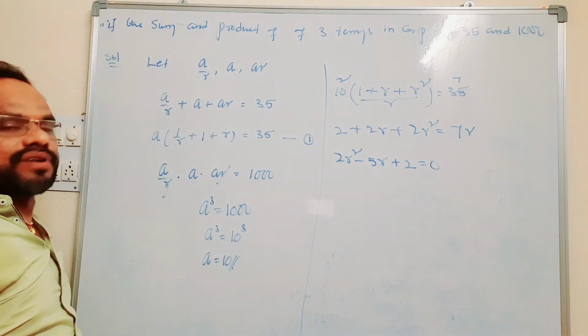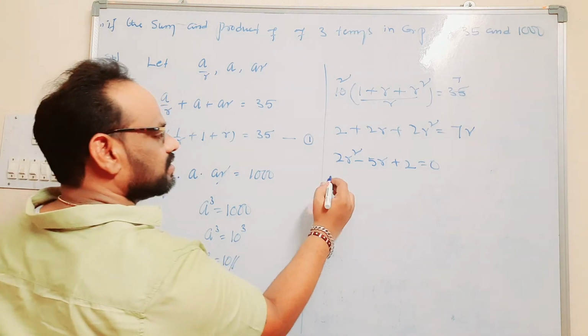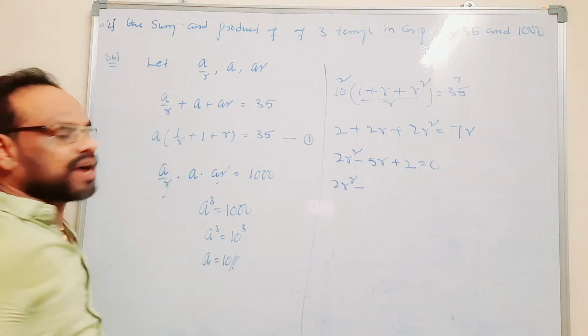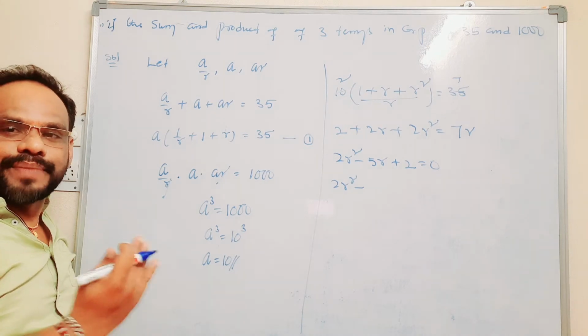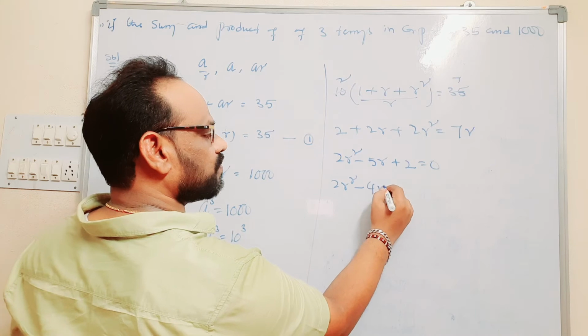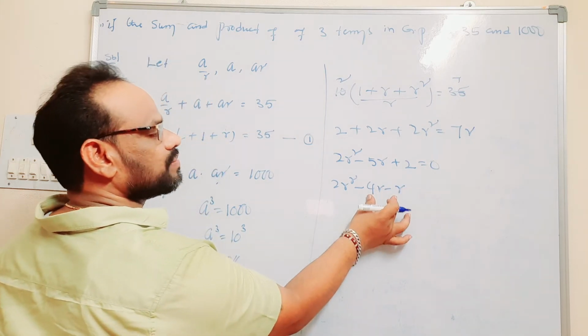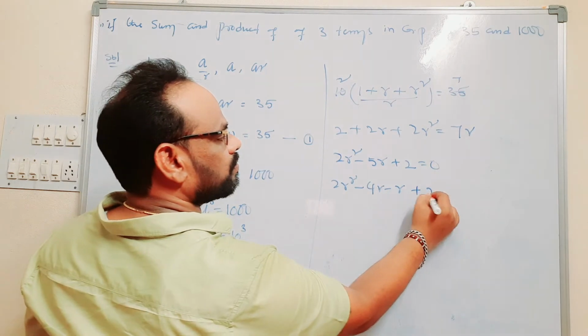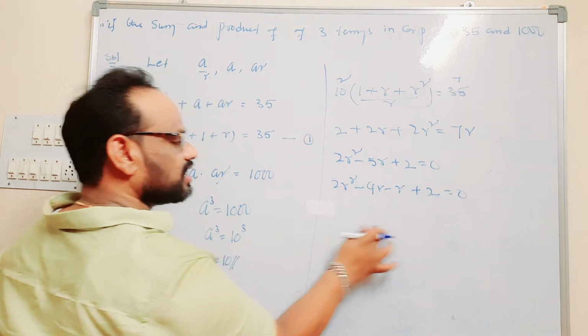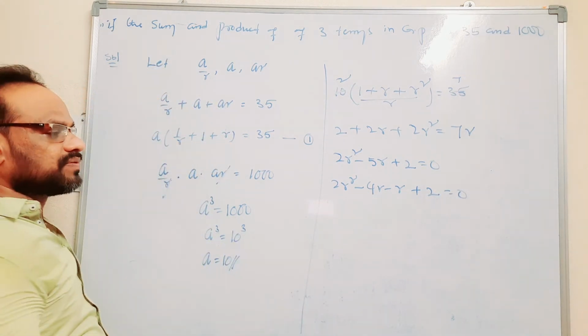This is a quadratic equation. Factorize here. 2R square minus 5R plus 2 is equal to 0. Minus 5R can be written as minus 4R minus R, since minus 4R into minus R gives 4R square.